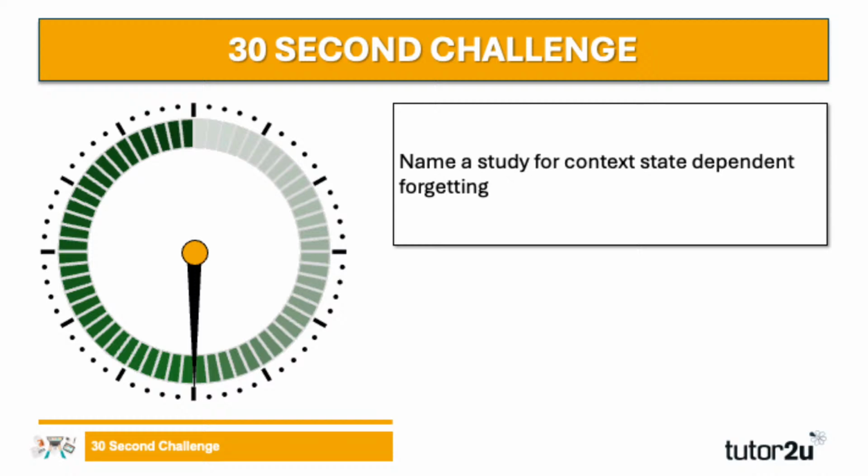Excellent. We've got a variety of studies coming in here. Leona, well done getting in there first with the Goodwin one. That's actually the one that I'm going to discuss. So that is our answer, the Goodwin one.